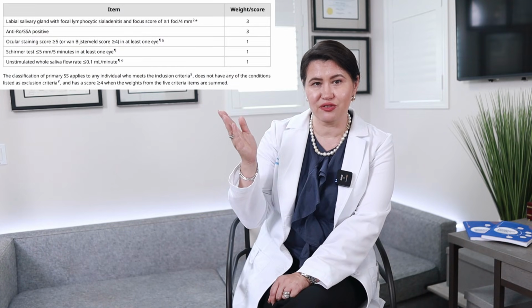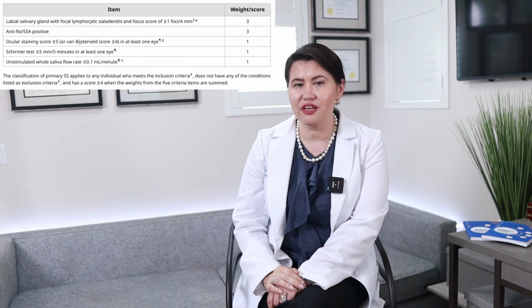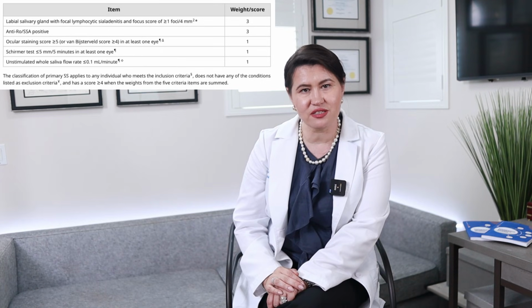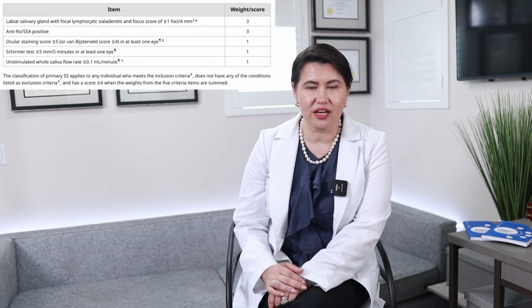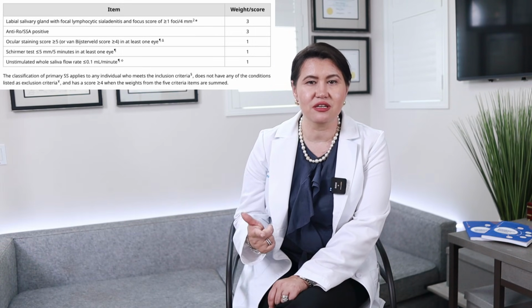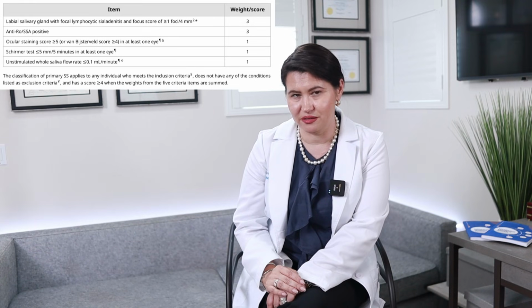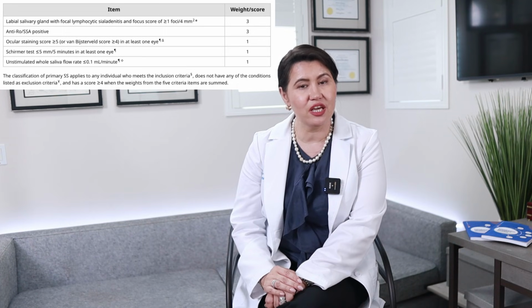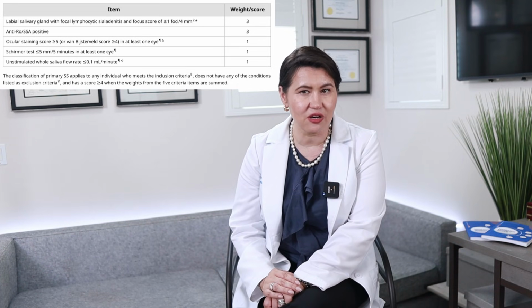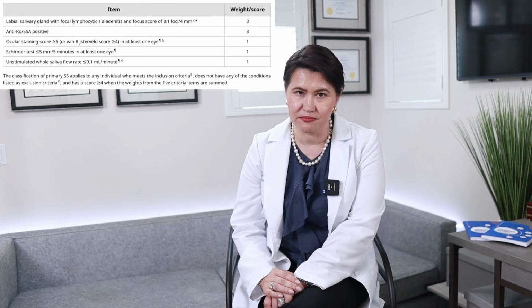As you can see in this table, if you have a positive salivary biopsy or a positive SSA antibody, you will get 3 points for each. All of the other criteria, like ocular test, salivary test, they only get 1 point. And people are classified as having Sjogren's disease if you have a score greater or equal to 4.